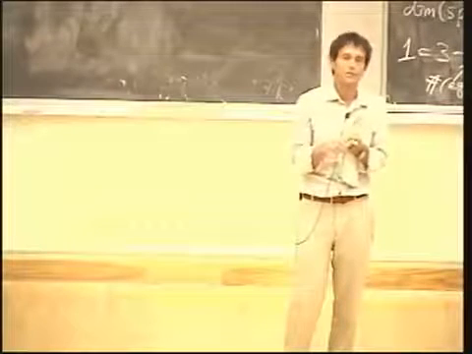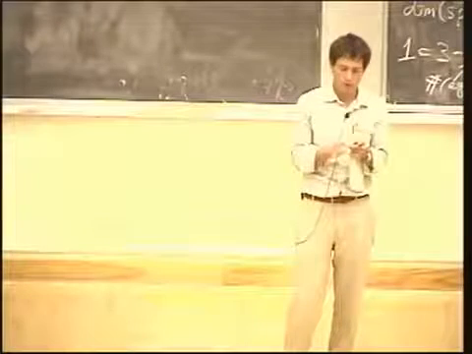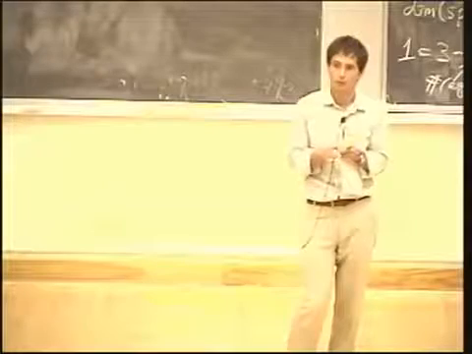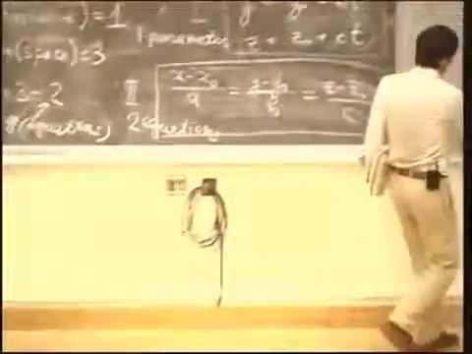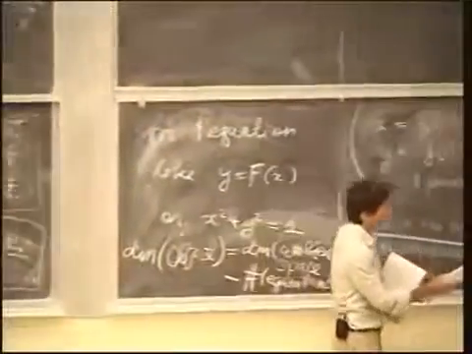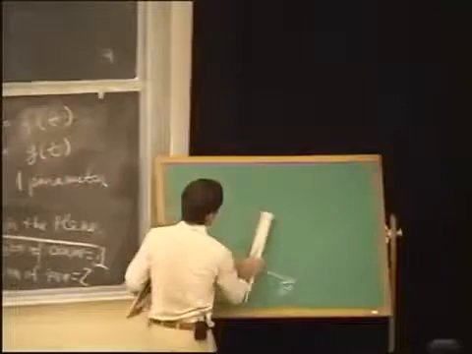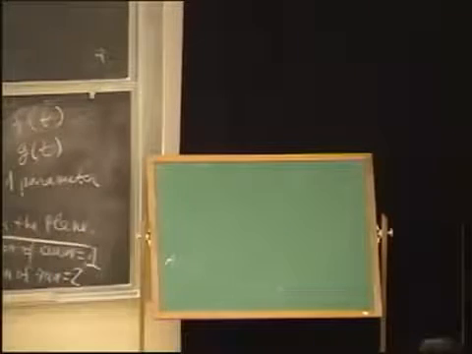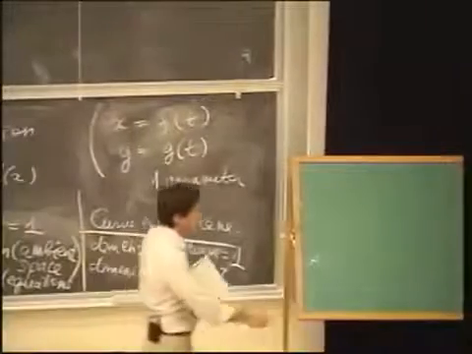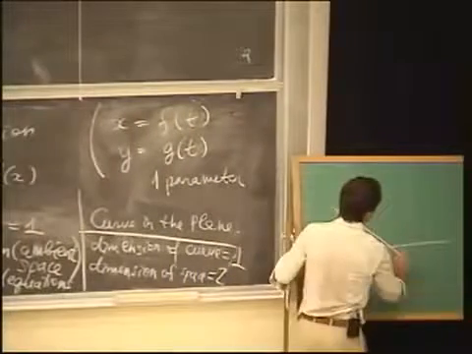Do these two lines intersect or not? Another question is, are they parallel or not? And so, in fact, there are different relative positions that can happen. First of all, two lines can just intersect. Right? So that's a possibility.